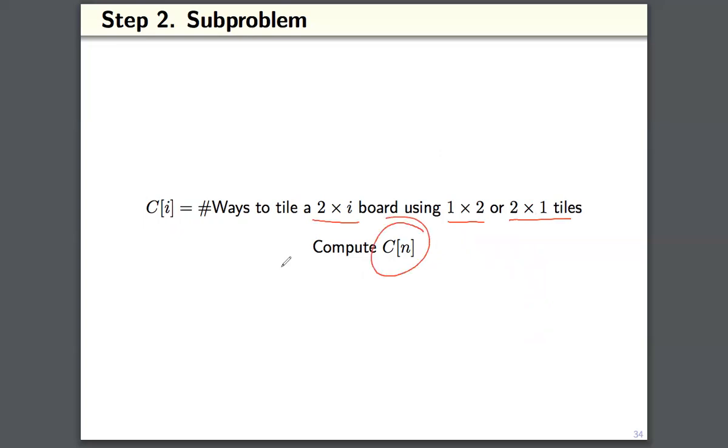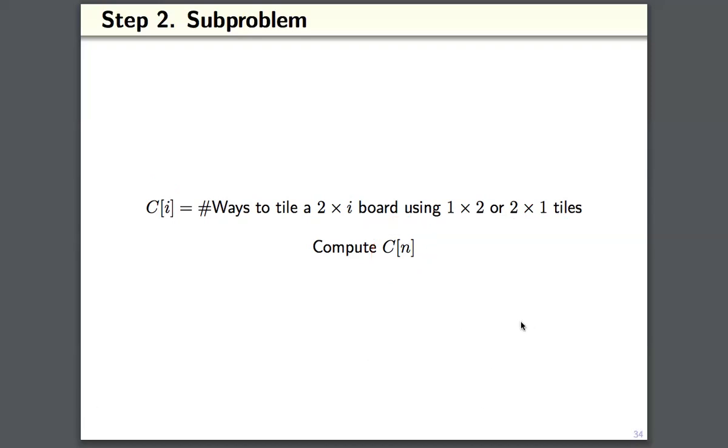And our aim is to compute C of n. See, we don't need to give 2 as a parameter here, because 2 is a constant. It's not a variable. So no need to write C of 2 comma I or anything. It's just C of I.